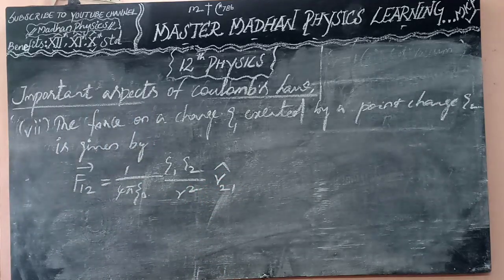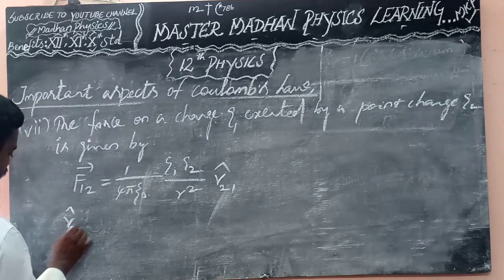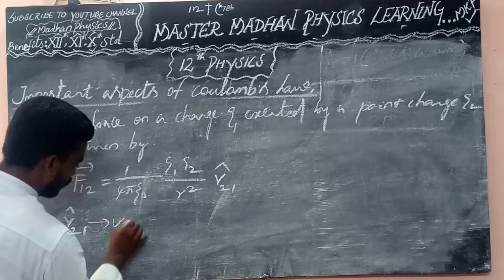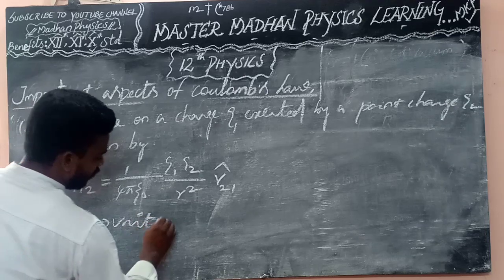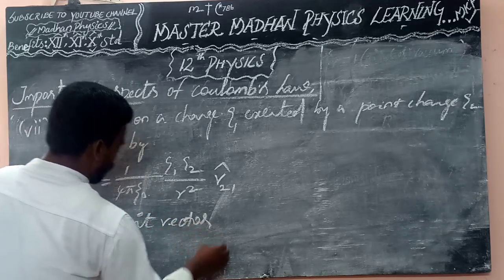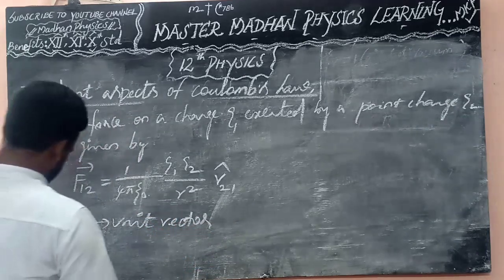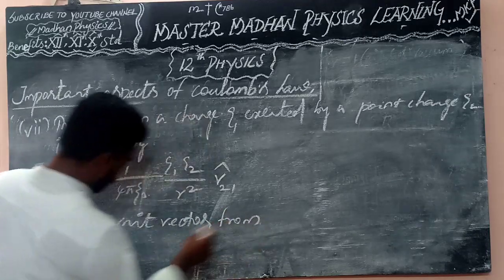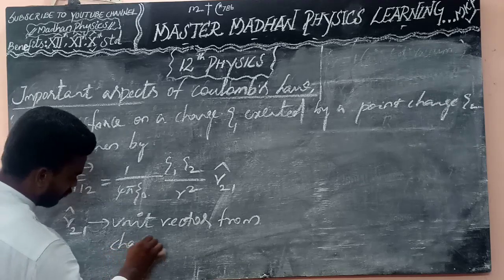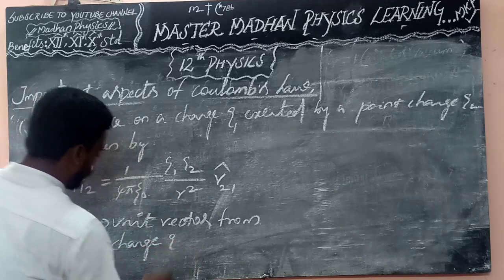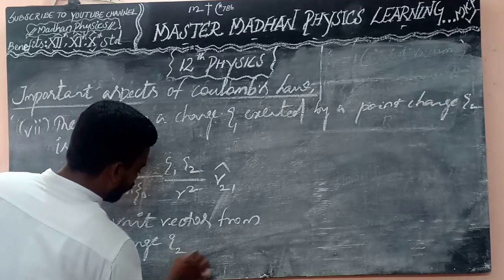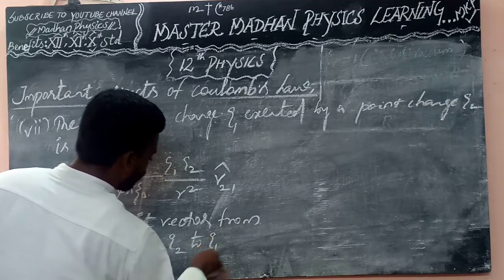So here R cap 2 1 is a unit vector from charge Q1 to Q2 or Q2 to Q1. Q21 means Q2 to Q1.